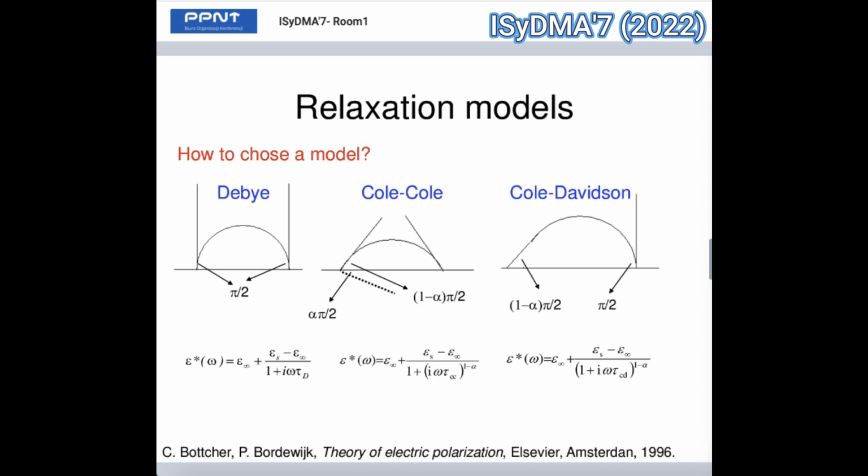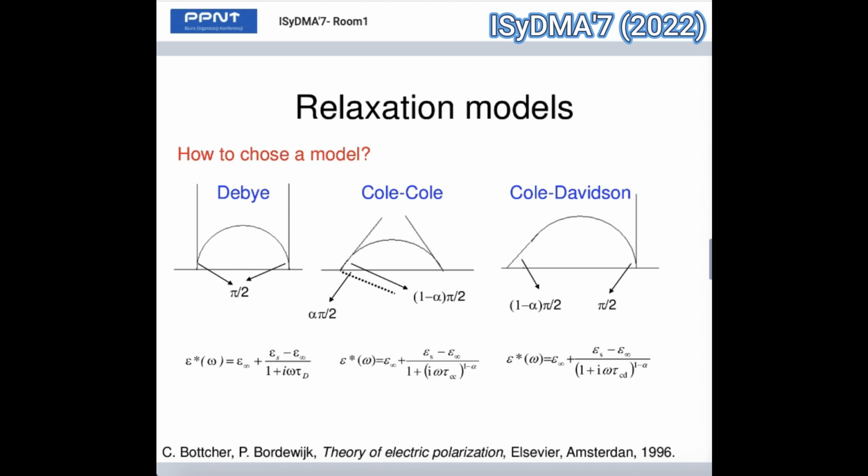If I have exactly this circle, with the center here, so this angle here is 90 degrees, we are exactly in the Debye model, so we are exactly in this equation.